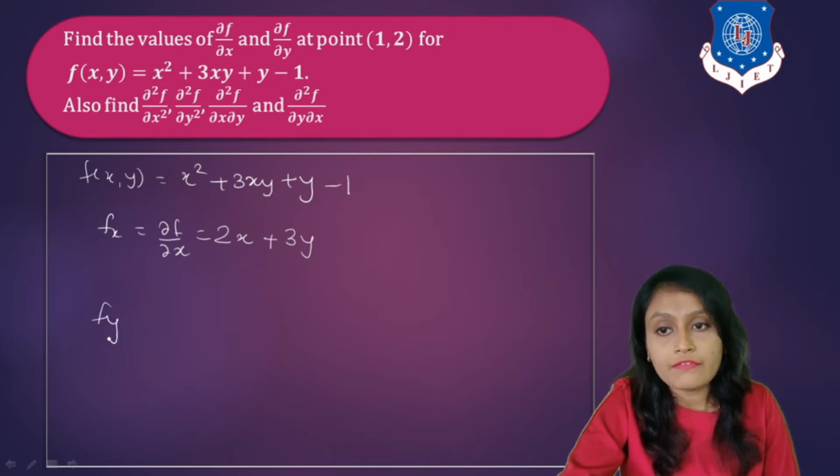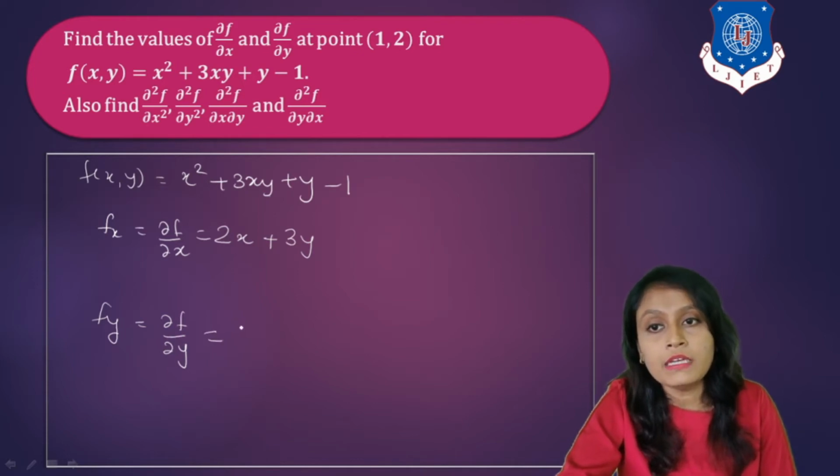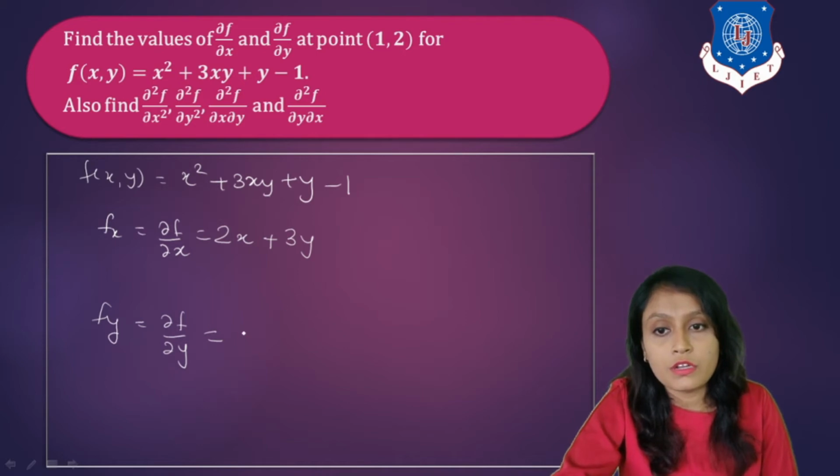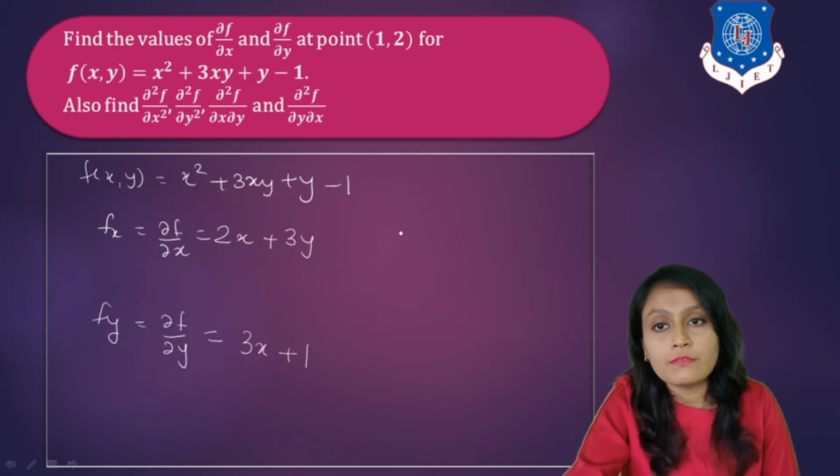Next, f_y, that is ∂f/∂y, the derivative of f with respect to y keeping x constant. So x² is constant, so the derivative of this is 0. Again, 3x is constant, the derivative of y is 1, so here we have 3x + 1. Now we have to find this at the particular point (1, 2).